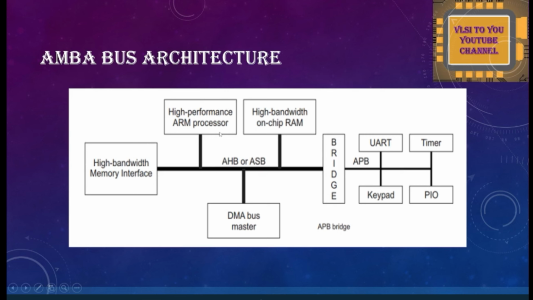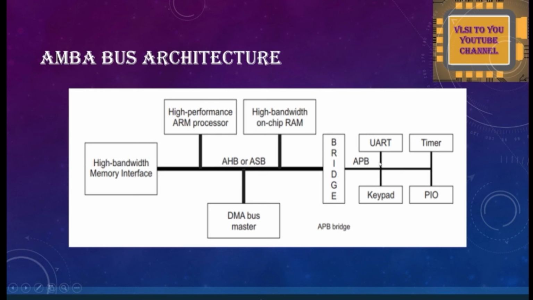So basically, if you see here, all the high bandwidth components like RAM, memory interface, DMA bus master, all these are high performance components. High performance components means they will have higher bandwidth, higher frequency rate. Because all these are high bandwidth and high performance, these need a bus which will be used for high performance, is it or not?